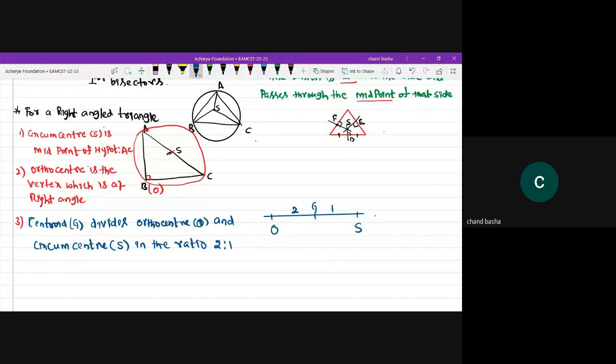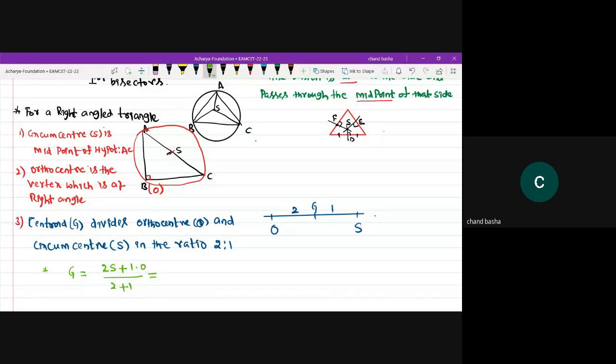From this, one important point to be noted is the relation between the orthocenter, centroid and circumcenter. G is equal to (2 times mx2 plus nx1) divided by (m plus n).